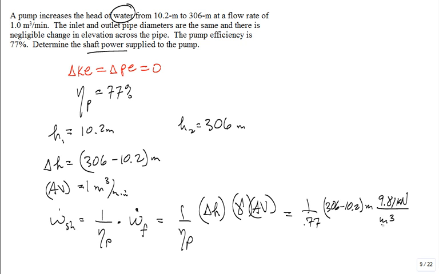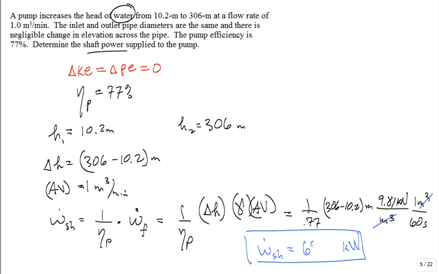And then you have 1 meter cubed per 60 seconds. So the meters cubed go. Kilonewton times a meter is a kilojoule. And then you divide by second, that's a kilowatt. 62.8 kilowatts. Make sense? Good.